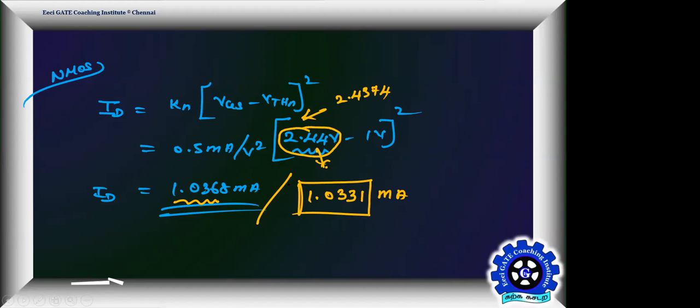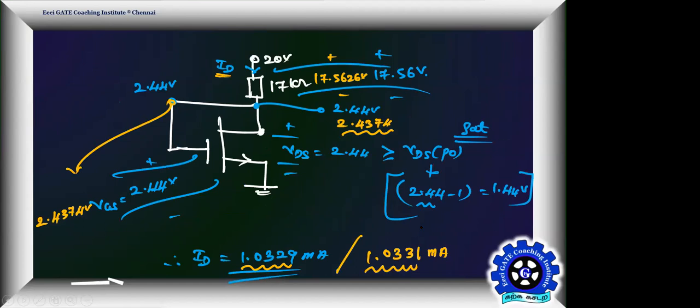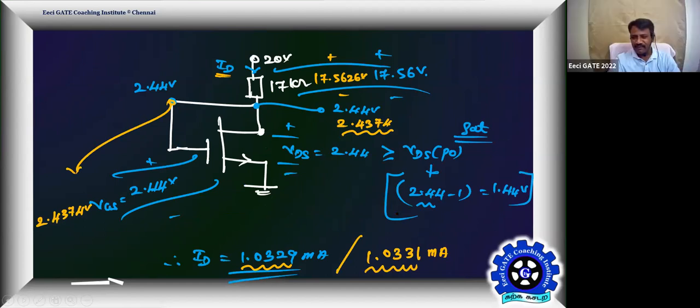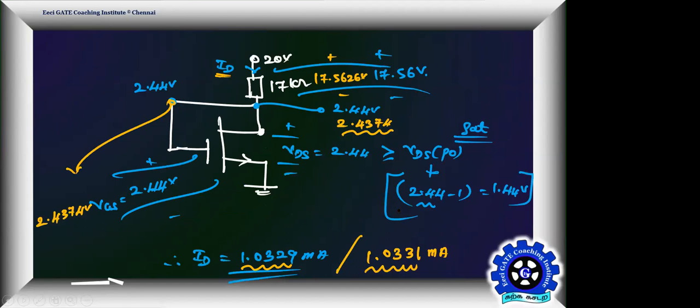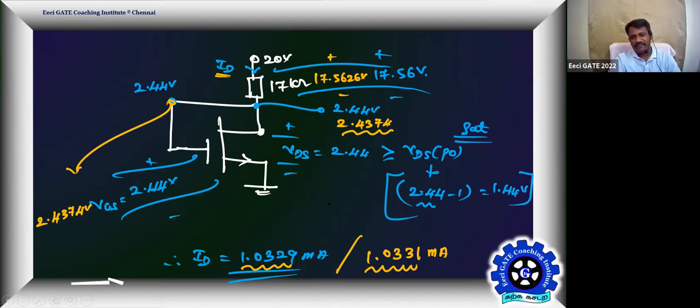Both are the same now. So who is creating the problem? VGS. So keep the data accurate and both will give the same answer.